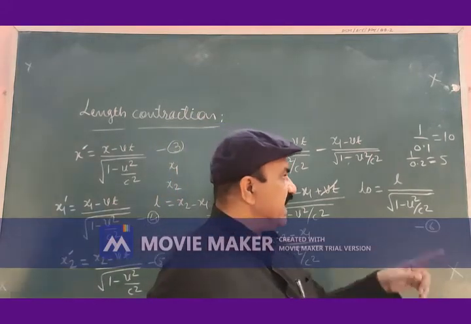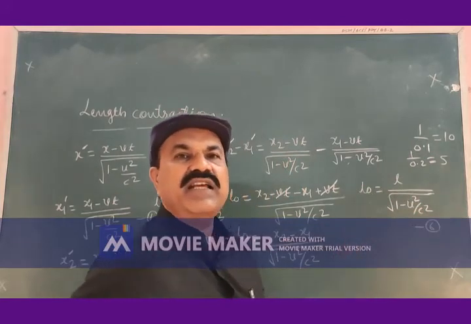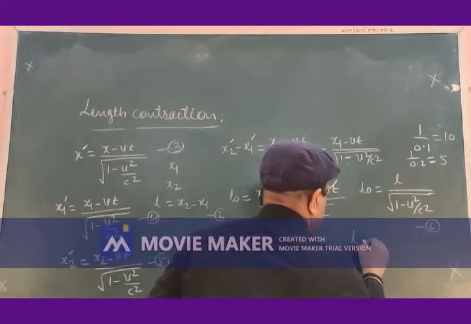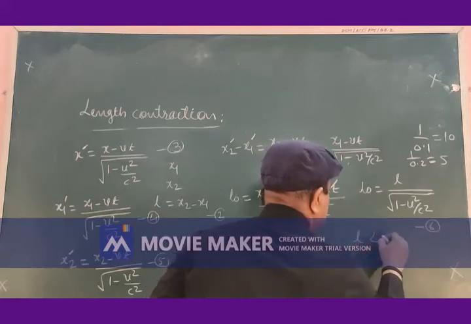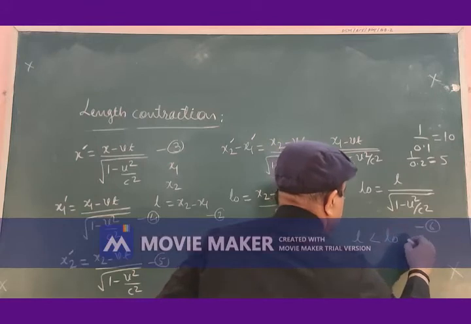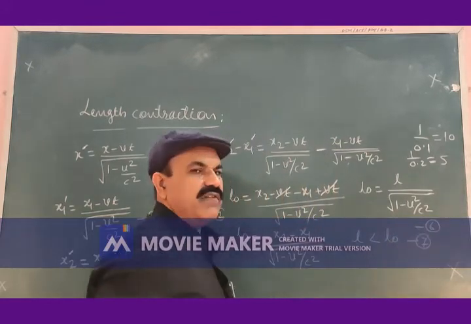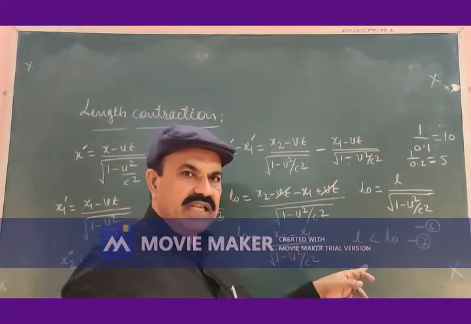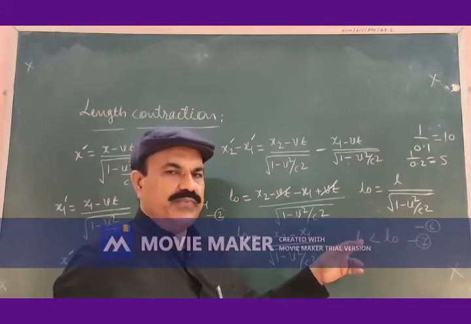It means that L is smaller than L0. Meaning of this is length L is smaller than length L0, equation number 7.